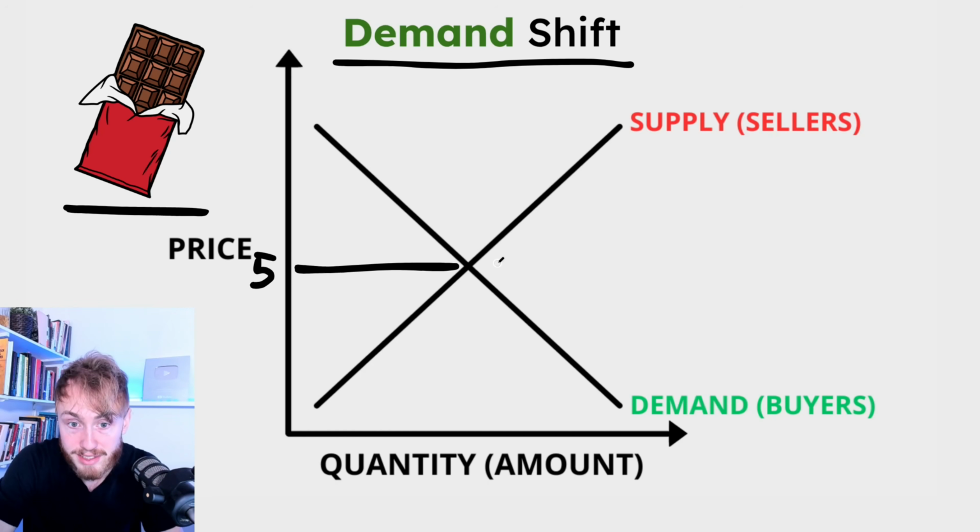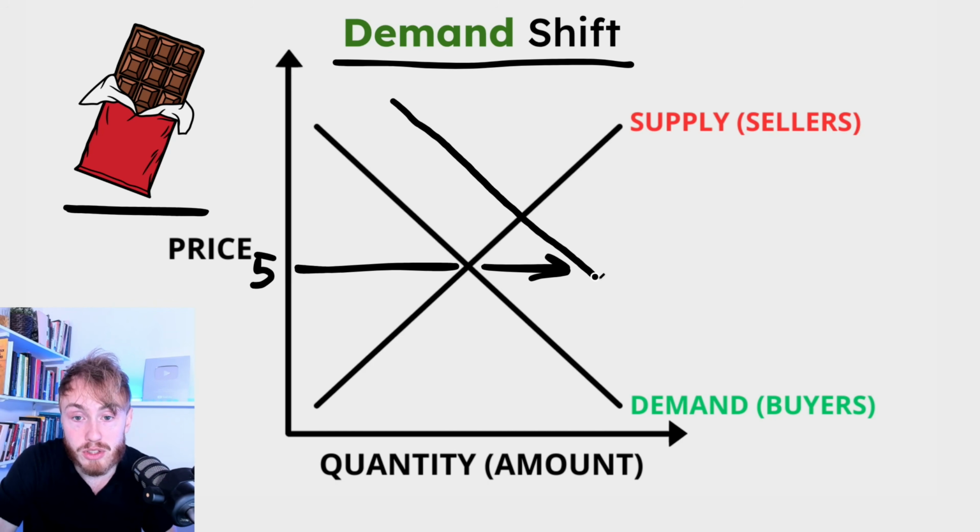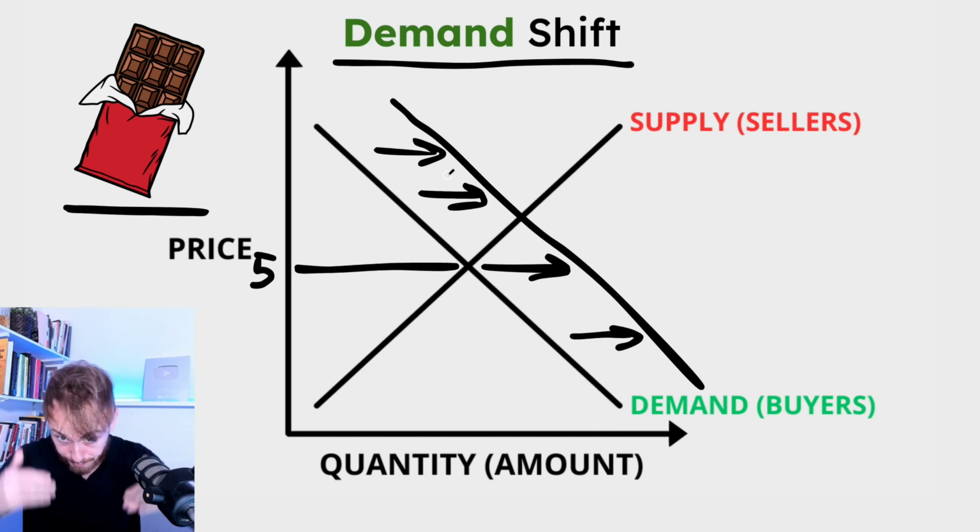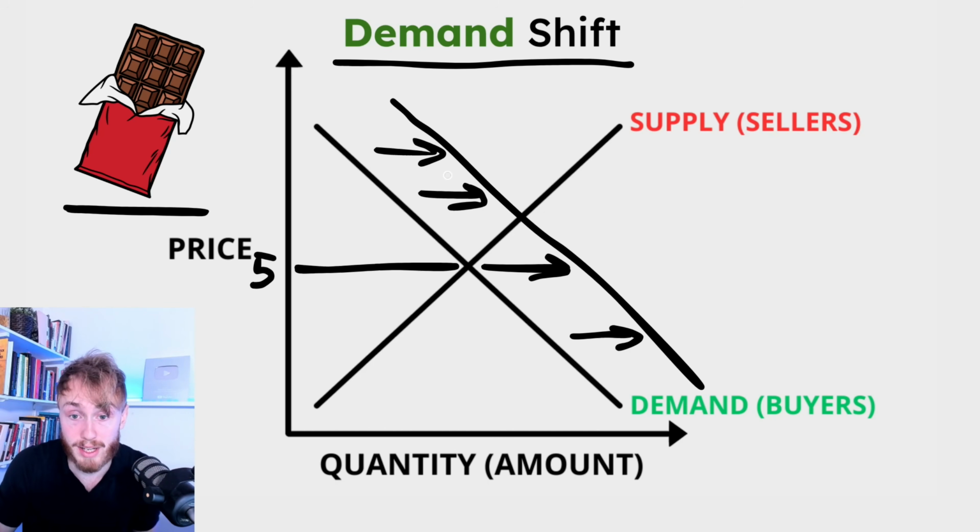For a certain price level, this shifts the demand curve to the right, because we're seeing more demand for this level. So our new demand curve maybe looks something like this. So you can see here, for each price level, we now have more buyers. We have more buyers because a study came out that said that chocolate is super healthy.